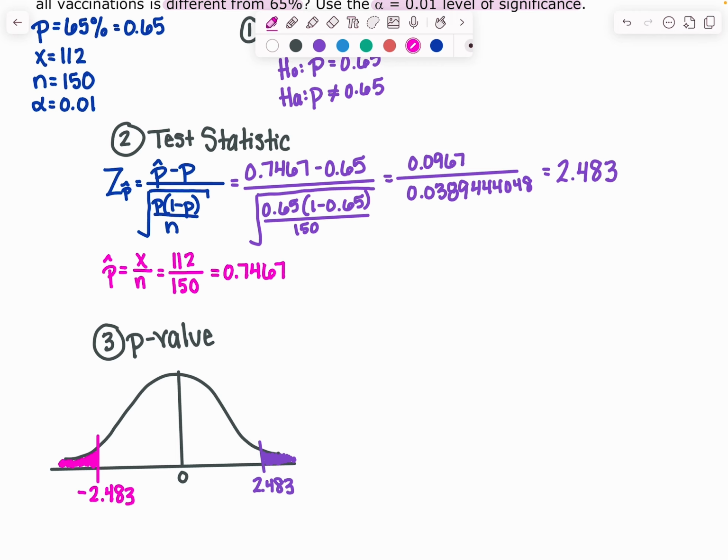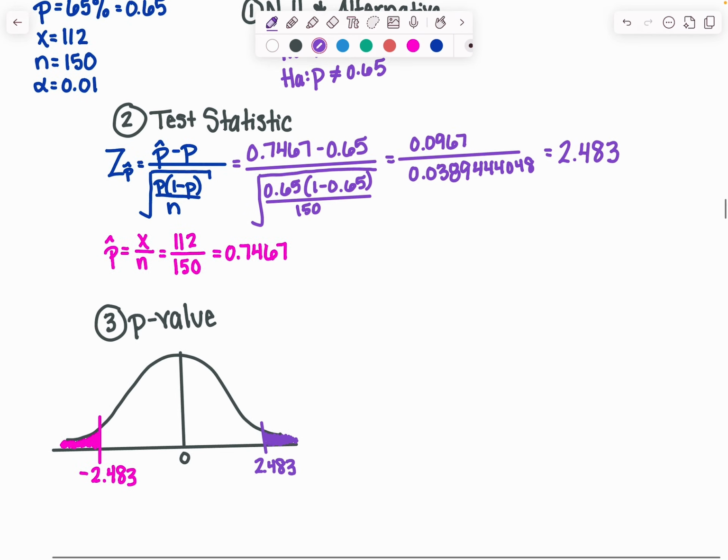Now I have shaded the two tails of the curve, the tail above the test statistic and the tail below the negative of my test statistic. These two areas combined are going to create my p-value.